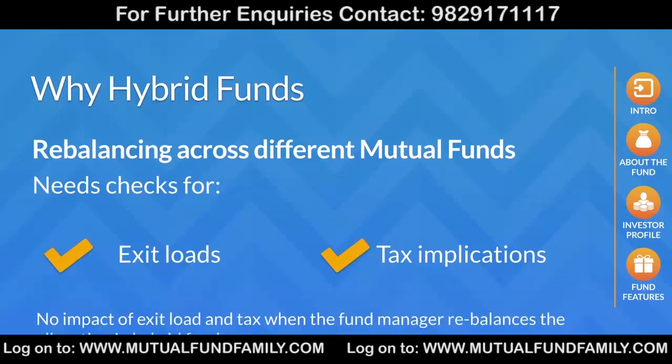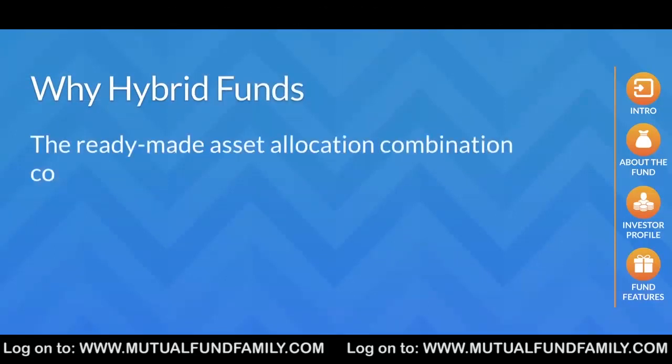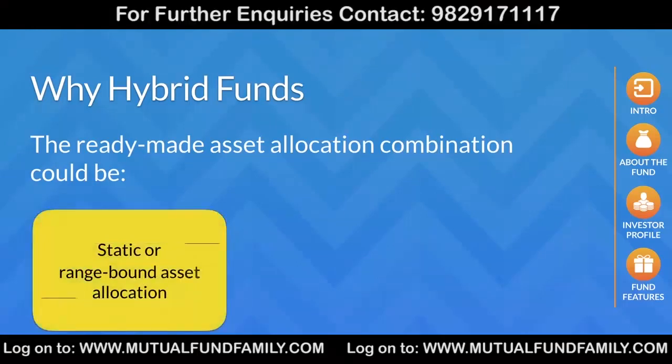However, in case of hybrid funds, there is no impact of exit load and tax when the fund manager rebalances the allocation. Hybrid funds offer a ready-made asset allocation combination wherein one can choose either A, a static or range-bound asset allocation, like a balanced fund which has a higher allocation to equity, or a monthly income plan which has a higher allocation to debt.